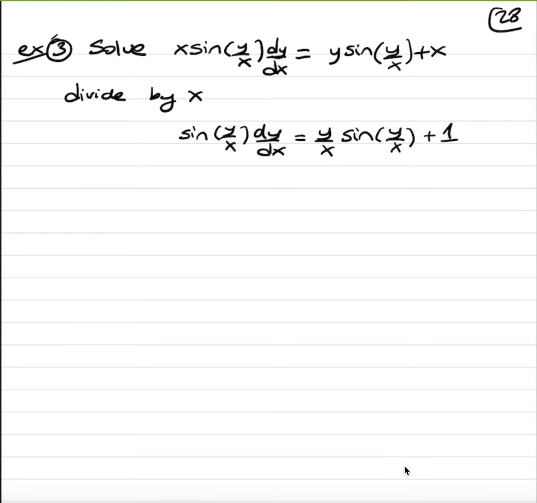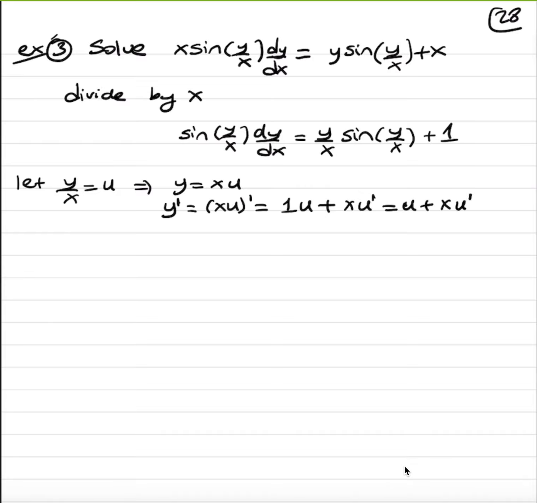Now, when we see homogeneous, we let y over x be u, so we will substitute. Then y is equal to x times u. When we take the derivative, we need to take the derivative of the product. What is the derivative of x? It is 1 times u plus x times u prime.